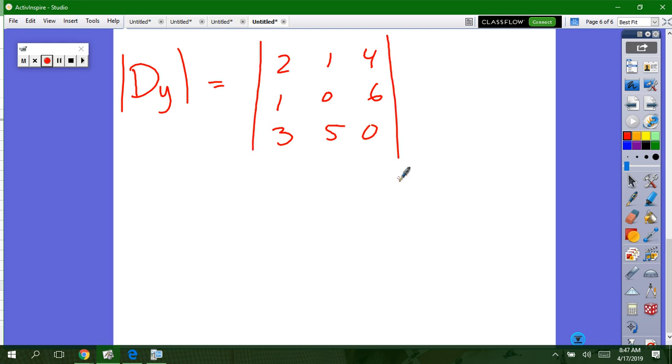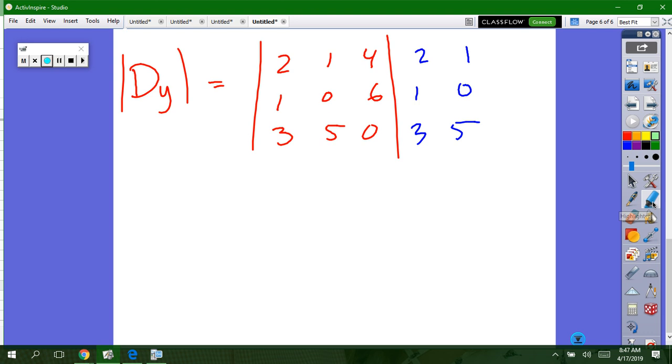You guys see how I replaced the y column with the answer? Now, does that really have any great rows or any great columns for us? Yeah, we have some nice ones. How about we switch it up this time and do the backslash and the forward slash? Is that okay? So I'm going to go 2, 1, 1, 0, 3, 5.